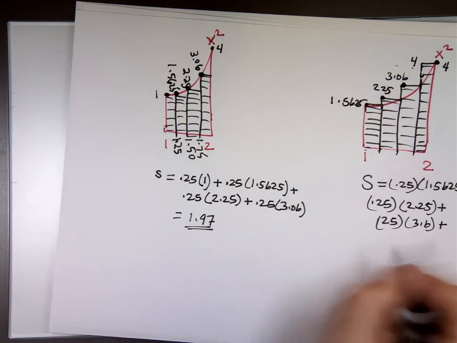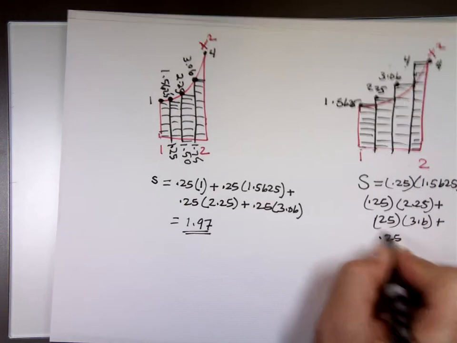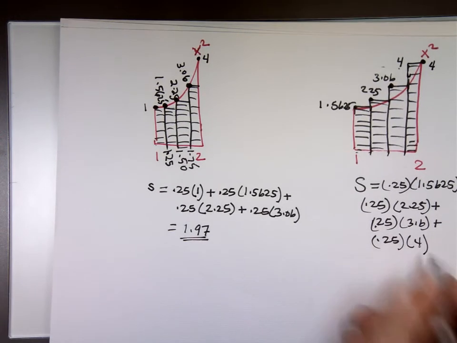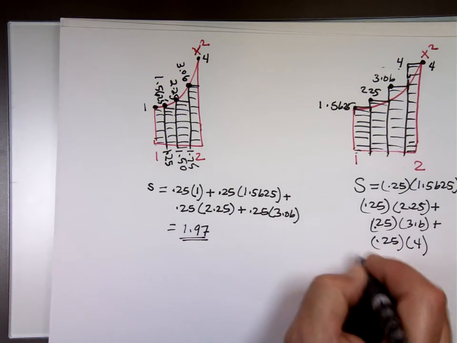Plus the last piece, 0.25 times the height. And what's the height for the last one? 4? Is it 2.718 or 2.72? Yeah.